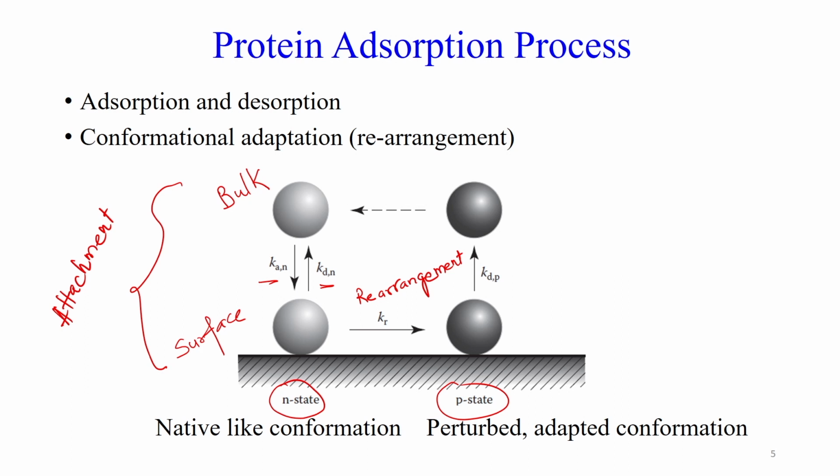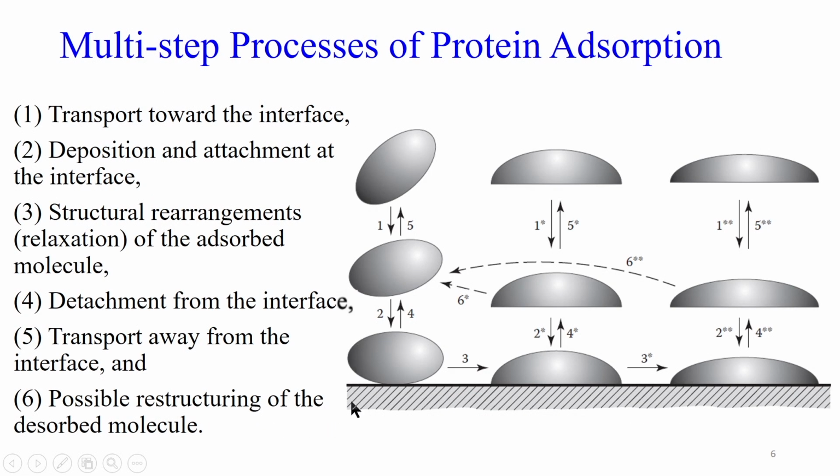Further, we can see n number of steps during the protein adsorption process. Here I have listed: first, the protein itself reorients depending on the surface. So, it is reorienting itself, then it will reach the interface, it is attaching and detaching to the interface.